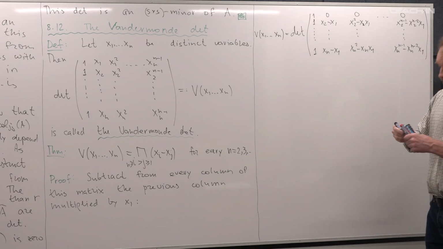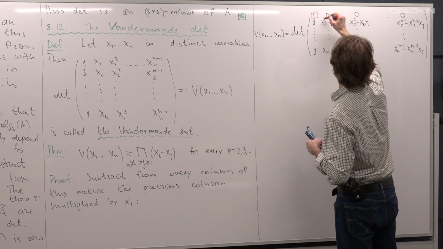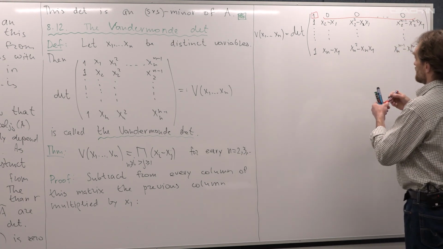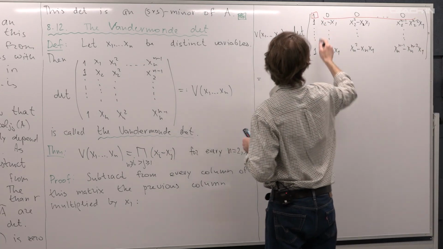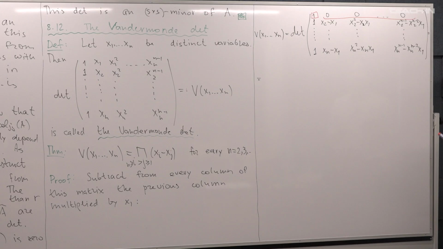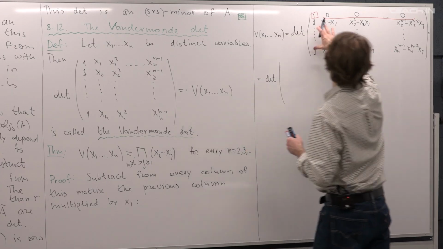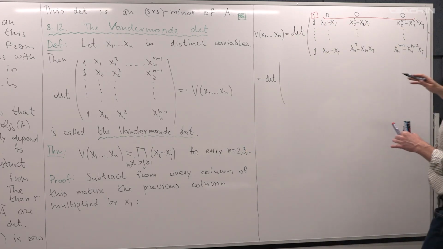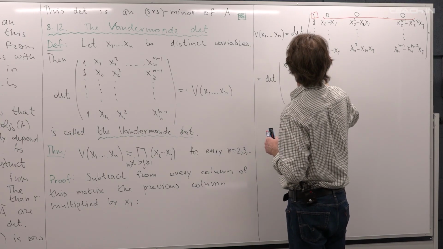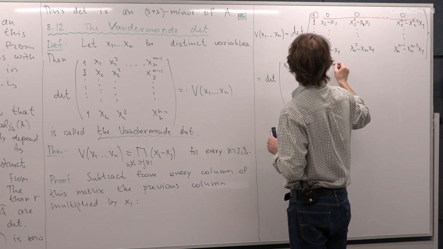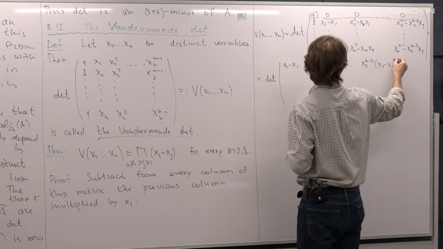And since we have 1 here and the row of zeros here, this determinant is equal to the determinant of the block that is in the lower right corner of this matrix. So we just get the determinant of the matrix that is here, and I'm going to simplify the elements of this matrix. So I have x2 minus x1 here, then I have x2 multiplied by x2 minus x1, etc., x2 to the n minus 2 multiplied by x2 minus x1.